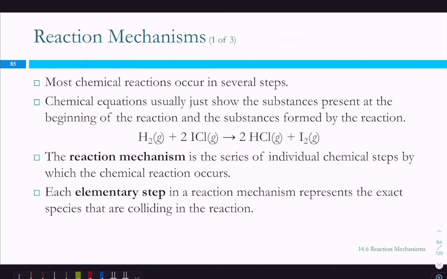So a reaction mechanism is the series of individual chemical steps by which the chemical reaction occurs, and each elementary step in a reaction mechanism represents the exact species that are colliding. So what collision exactly has to take place to create the products, or to create an intermediate in the steps.